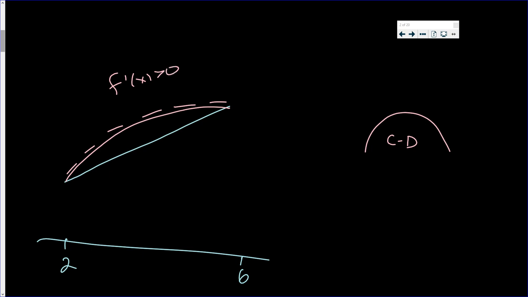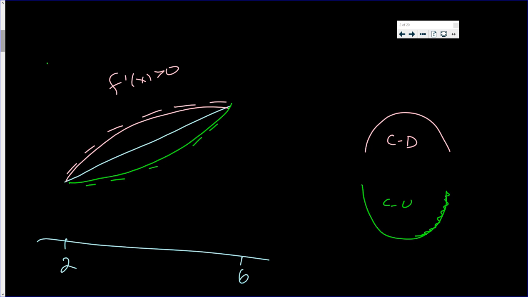But the concavity here is different than this one. That green is part of this, which is concave up. You're going to say, which part? To me, looks like that part. And all these slopes are positive.